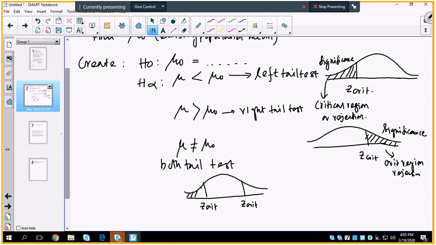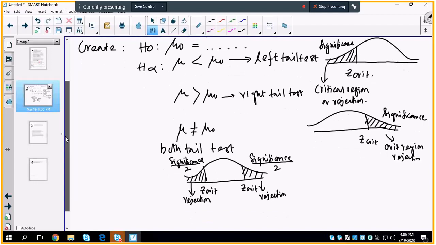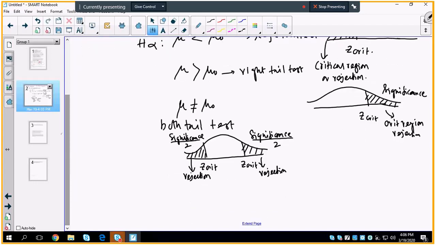And on either side, I will get significance over 2. As you can imagine, this is a rejection region or critical region. This is also rejection region or critical region. What else I need to know is the final thing, that is the test statistics.